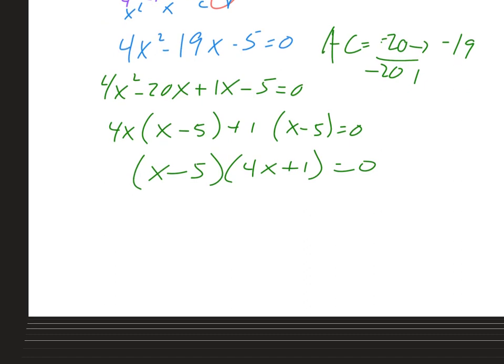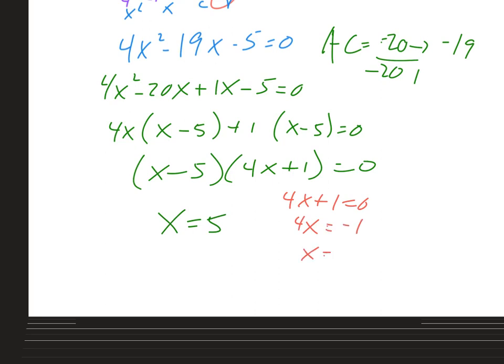Alright, so we are down to x equals 5, and then 4x plus 1 equals 0. So subtracting 1 over leaves me with 4x equals negative 1, and then divided by 4, x equals negative 1/4.